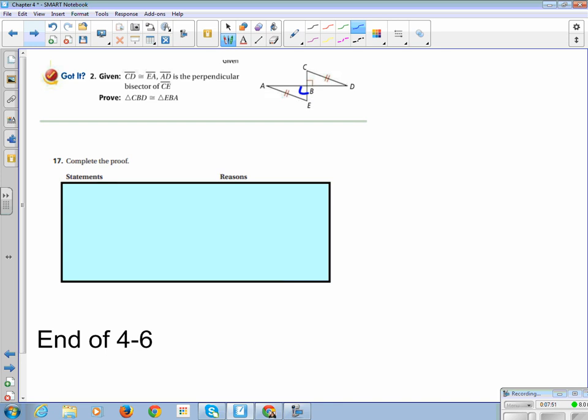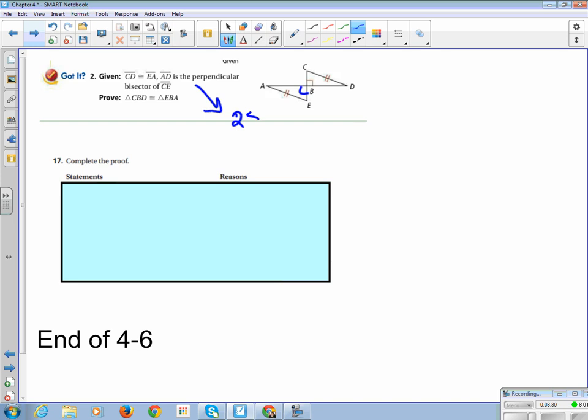What does bisector mean? It takes a line segment and cuts it in half. So those two halves should be congruent.